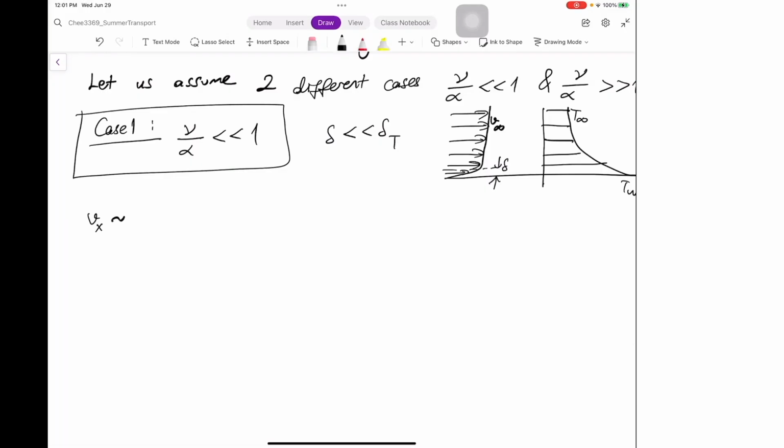Vx not scaling with V infinity, but it's almost equal to V infinity, almost throughout the entire thermal boundary layer.